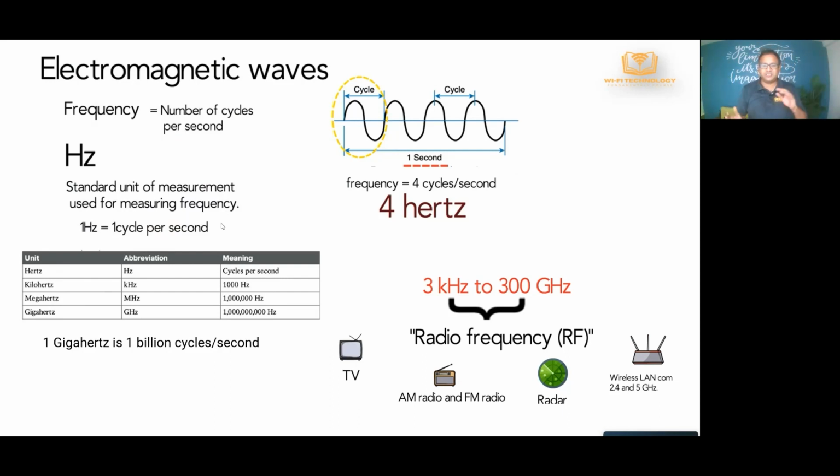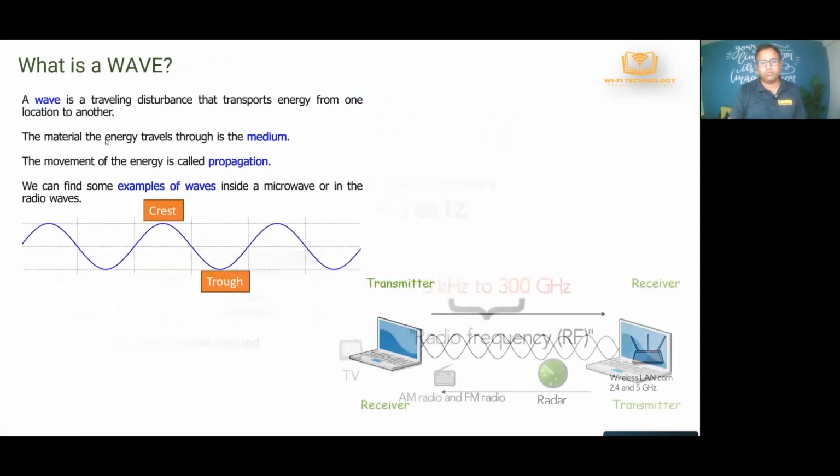This is the range in which we have TV communication, satellite communications, FM radio, AM radio, radar, and of course wireless LANs and cellular networks. We have all these technologies that use frequencies within this range. So that's just a quick overview of what kilohertz and megahertz mean.